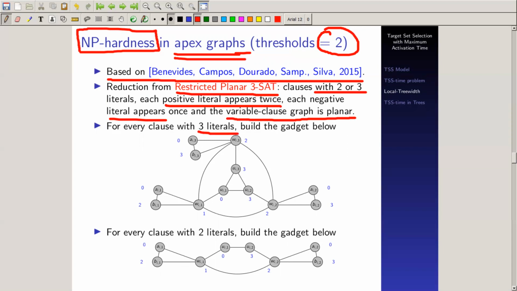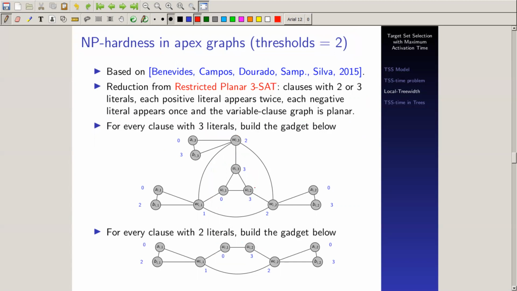For every clause with 3 literals, we build this gadget below. This represents the 3 literals. For every clause with 2 literals, we build the gadget below. These 2 vertices represent the 2 literals of the gadget.